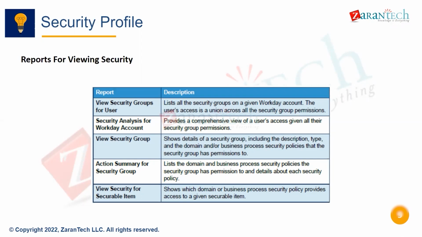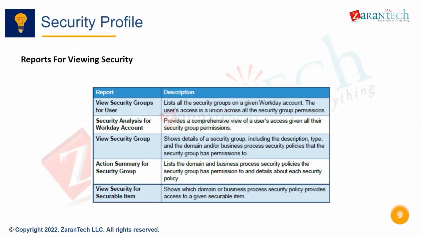Reports for viewing security. These are the reports you can access in your Workday tenant to understand what particular access a user has, or which domain you want to drill down into if you want to troubleshoot any issue. These Workday delivered reports will help you understand the user security access.